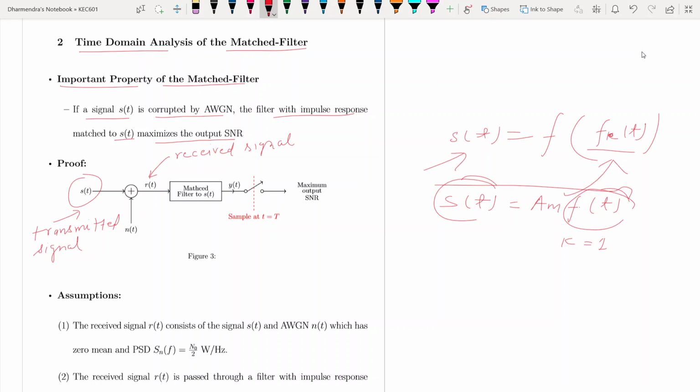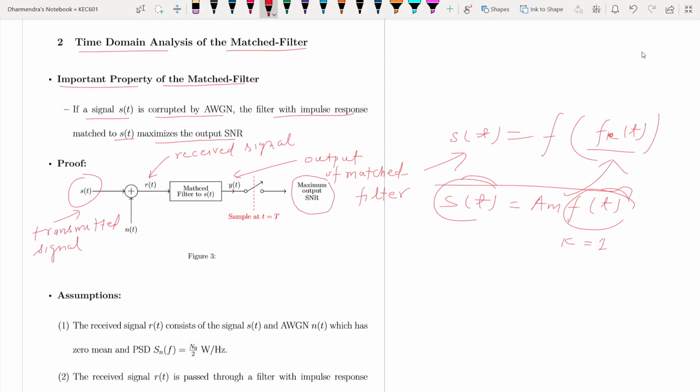And this y of t is the output of the matched filter.